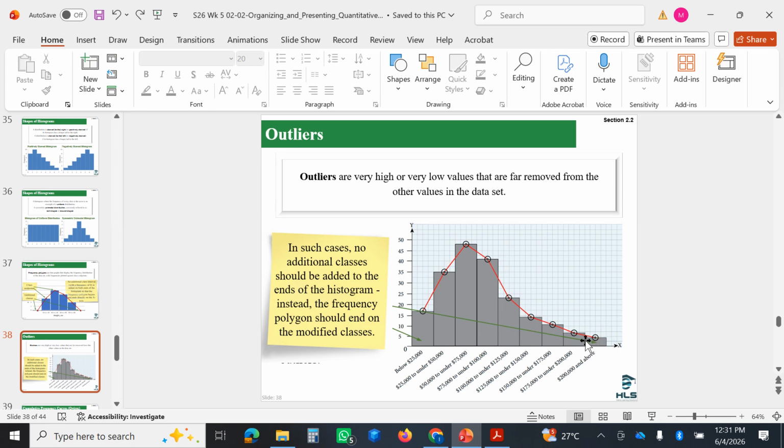This is what we call a positively skewed, right-skewed graph, and you'll see that outliers do exist. They have a message too. Yes, statistics is interested in what the majority of people are thinking, but some businesses aren't interested in selling to the majority. Some businesses are only interested in specialized products.